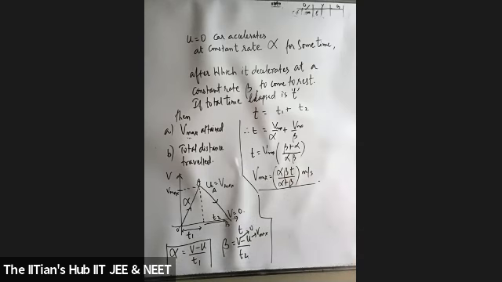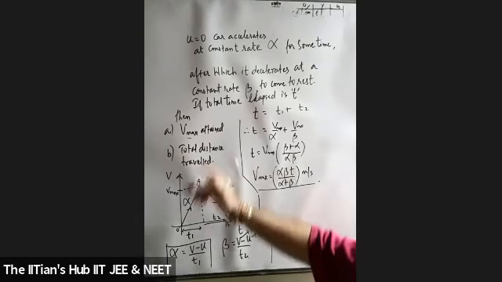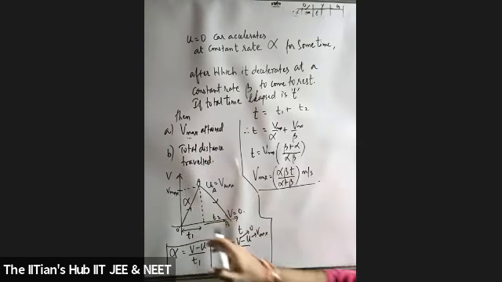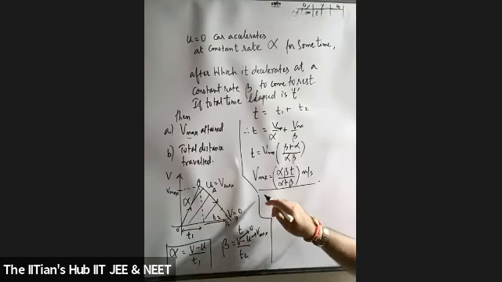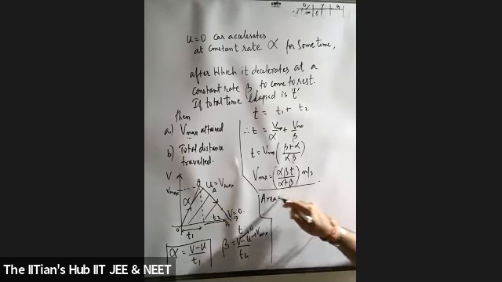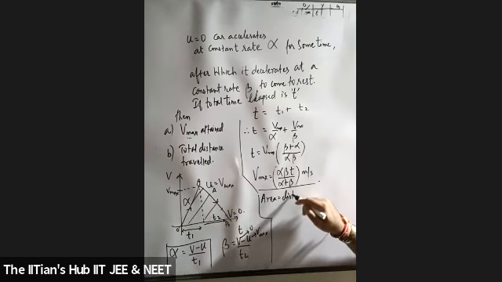Yes, sir. Now, the second case is the total distance. Since I've drawn a velocity time graph, what exactly is the area under the graph going to give me? The area under the graph is the product of y into x, that is meter per second into second, so the answer is in meters. So the area of the shaded portion speaks about the distance covered and not the displacement.